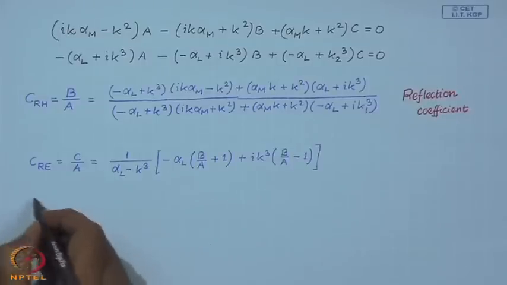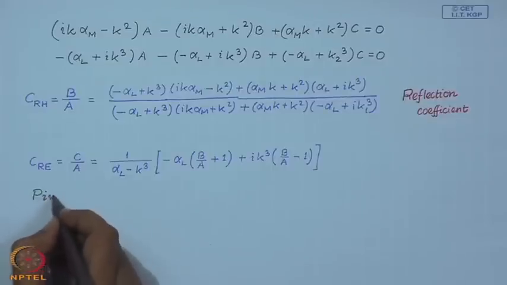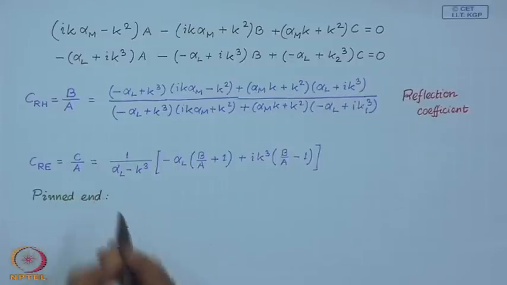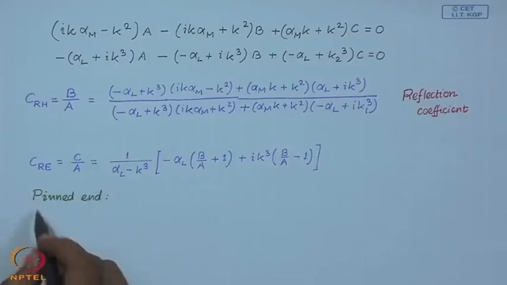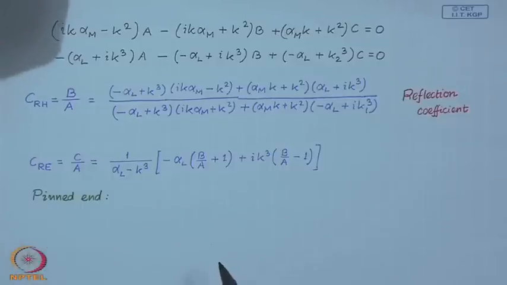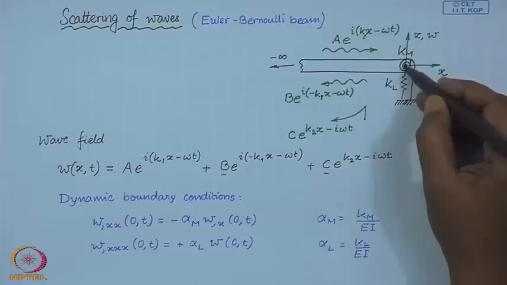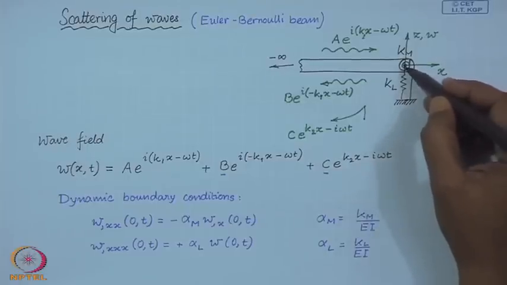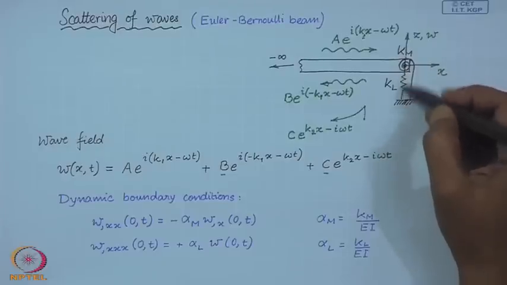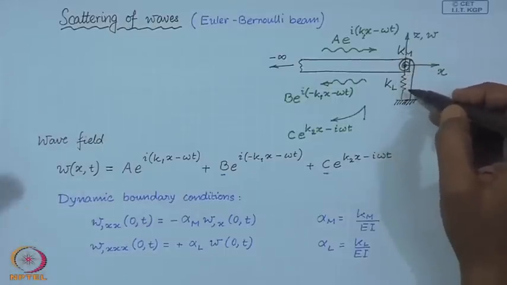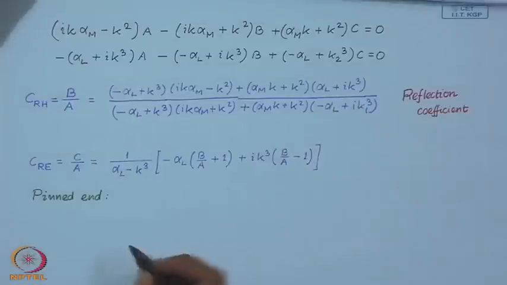For example, you can consider the pinned end. When the end is pinned, we can consider that here we have infinite stiffness for the linear spring and 0 stiffness for the torsional spring.